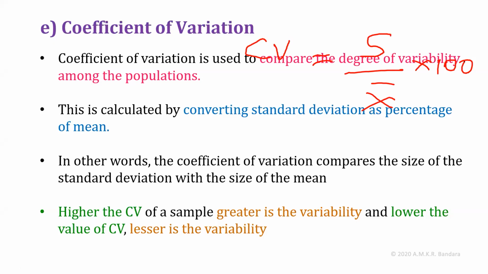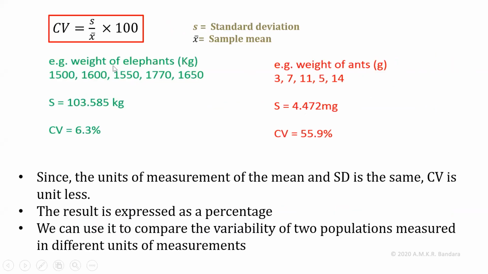Here the unit of measurement in coefficient of variation is percentage. We express this as a percentage. We calculate the coefficient of variation of the elephant population. It is 6.3%.